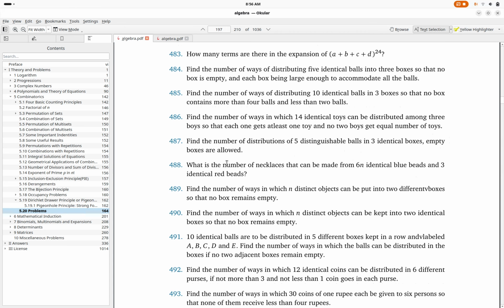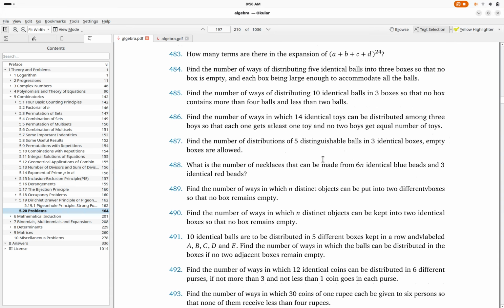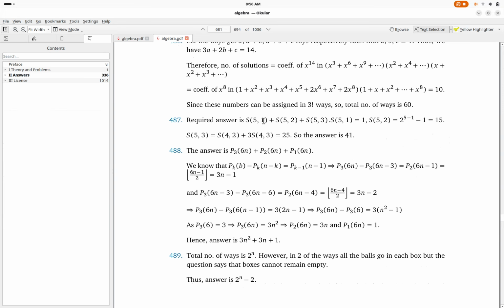Now question 488 says, let me try to explain this a bit more. Let me try to understand the notation. It has been quite some time since I solved this problem. So 5 distinguishable balls in 3 identical boxes. Okay, 5 goes in 1, all goes in 2, all go in 3.